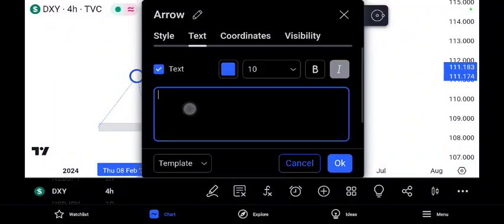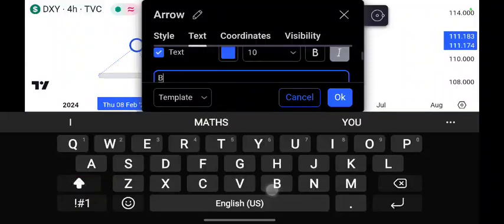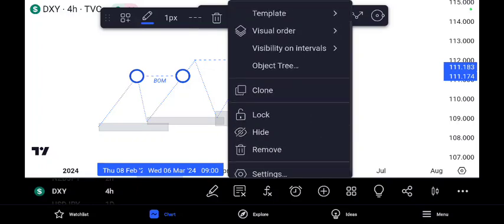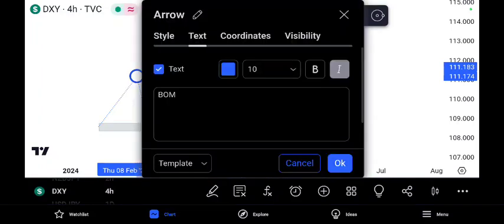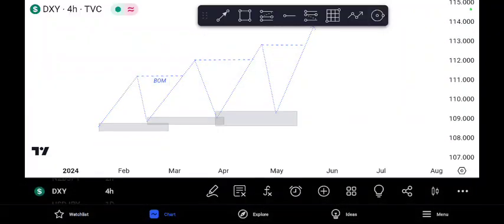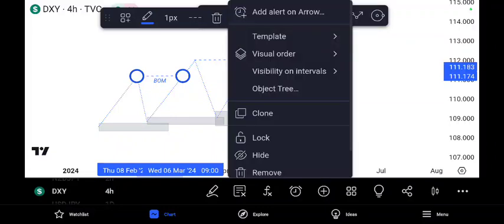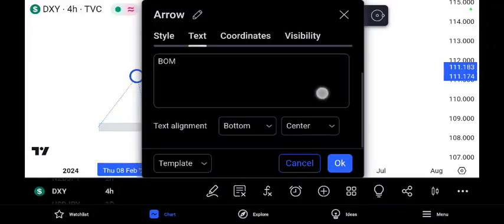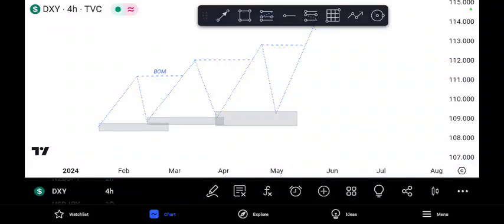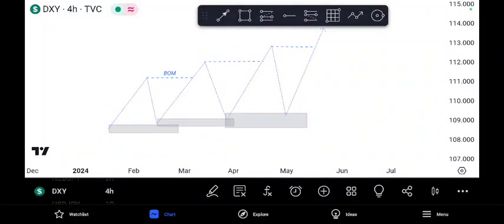Let me give it a label for you. BMS at the top, sorry. These are your BMS at the top, repeatedly, and these are your OTE, your one-time entry.